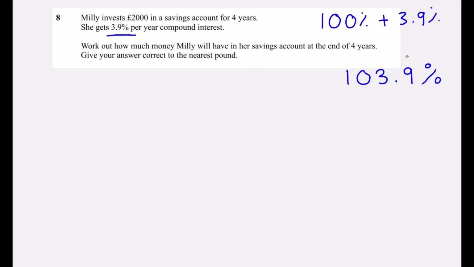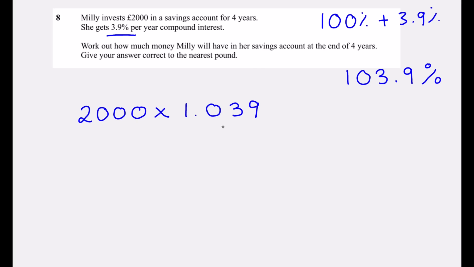And to get 103.9%, we can multiply by it, but it's better to do it as a decimal. So 103.9% as a decimal is 1.039. So this calculation, 2,000 times 1.039, will add on 3.9%. And we want to do that 4 times.